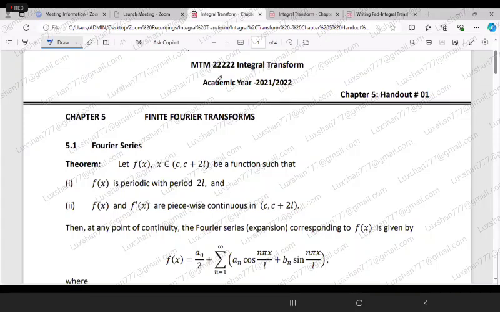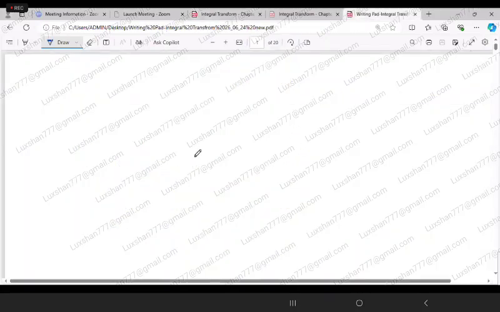Now, here in the finite Fourier case, let me explain.